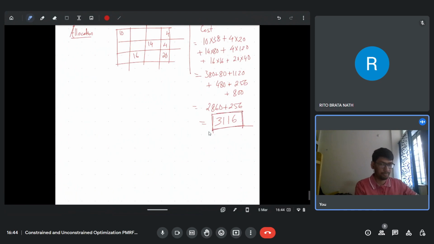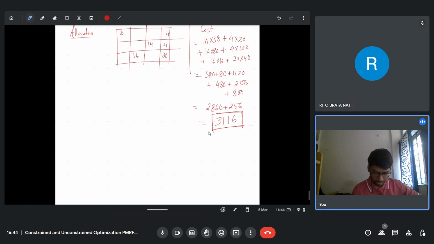So to find the optimality, probably I'll show it in the next class because I'll run out of time today. And anyway, you'll be solving the assignment. After that, we can discuss this. Okay, so let's solve one or two more methods.